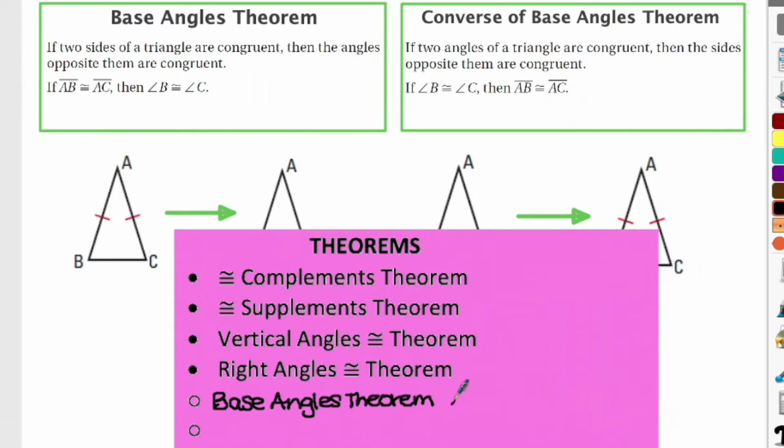And then just draw that little picture, maybe the if part, being that if you have an isosceles triangle, then what can you do? Then you can say, swoop, swoop, those base angles are congruent.